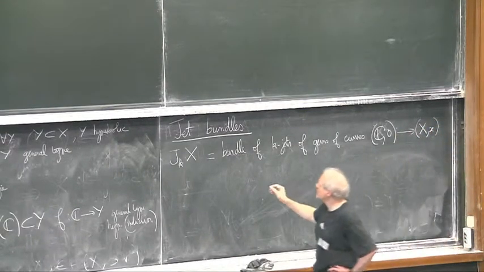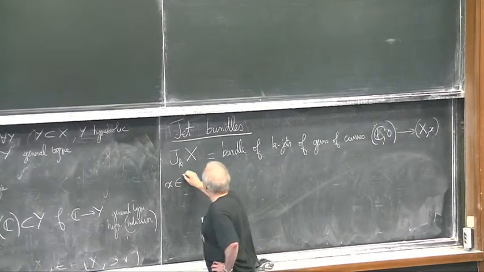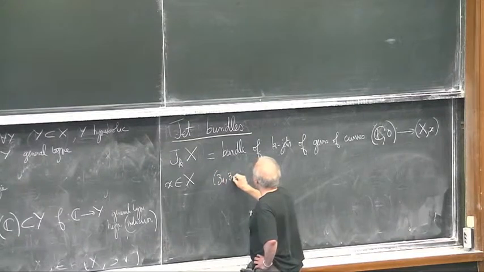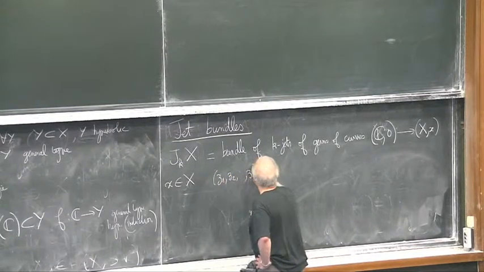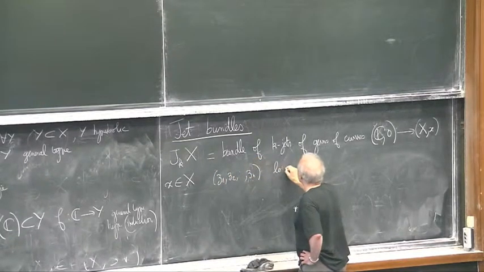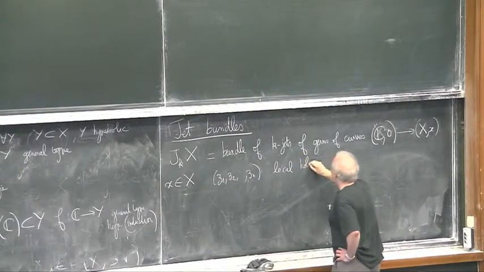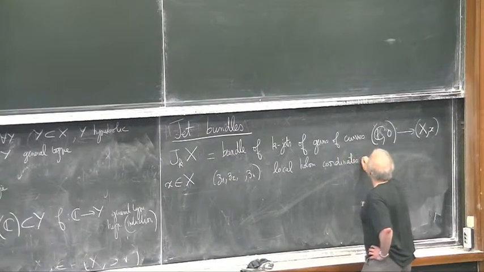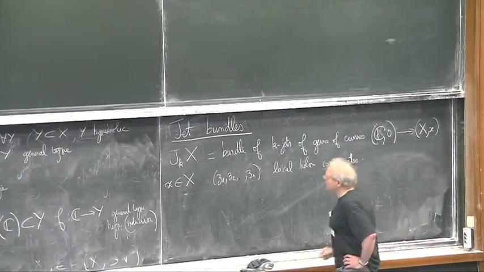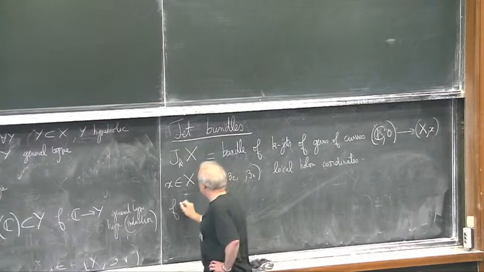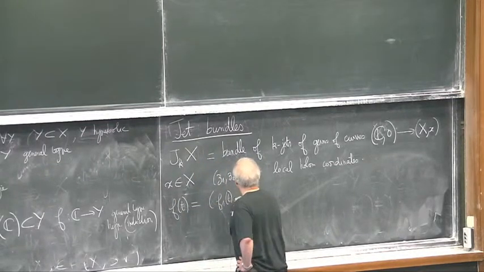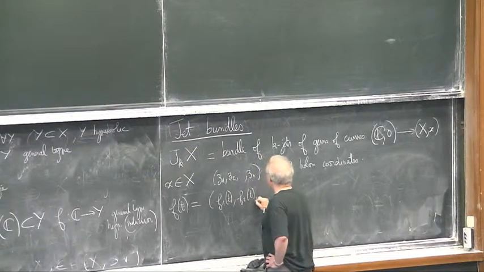So you pick a point in the manifold, and then you take local holomorphic coordinates. And then, of course, in these coordinates, any curve can be written as an n-tuple of holomorphic functions.